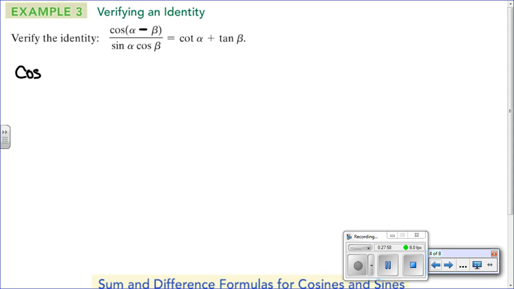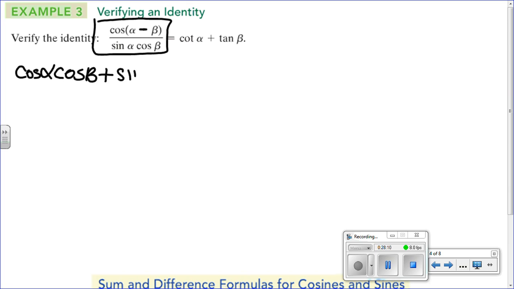So what I'm going to do here is prove that the left side will equal the right side, okay? So first, I'm going to use the same formula that we've been using. So that is cosine alpha cosine beta plus the sine of alpha sine beta divided by sine alpha cosine beta.